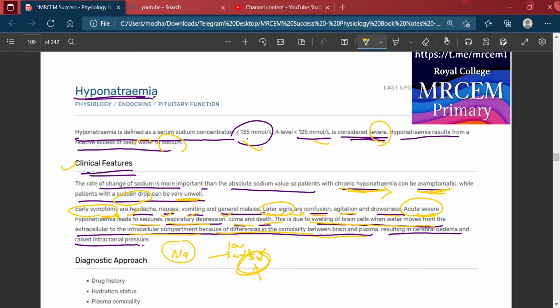This results in cerebral edema and raised intracranial pressure.